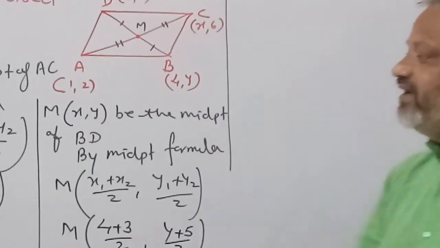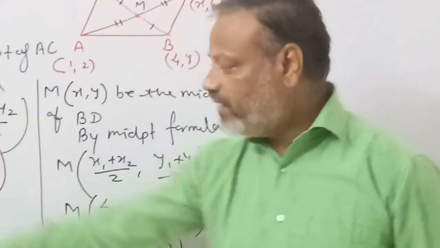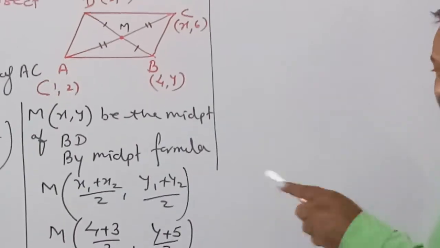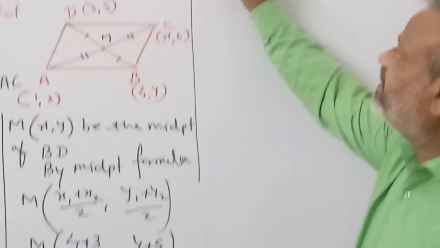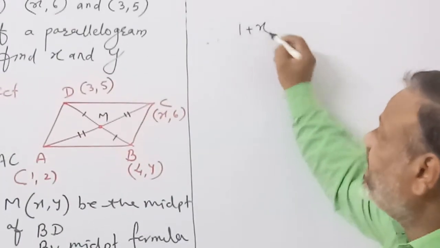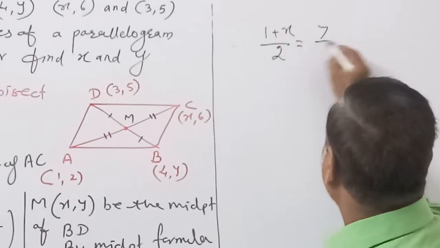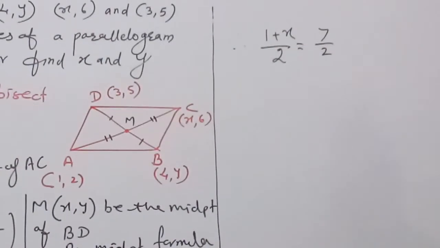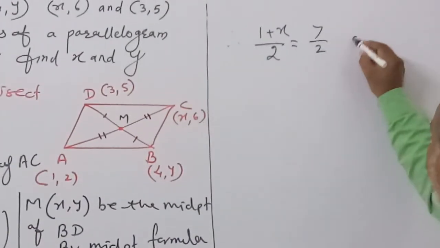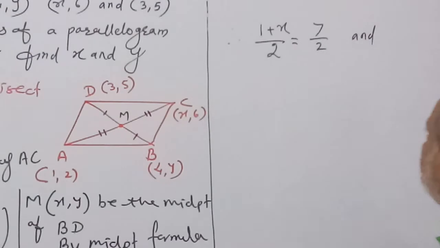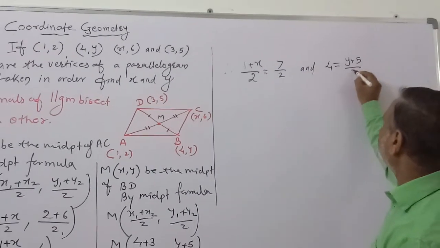So therefore we equalize the coordinates of M. This is a point of M and this is also a point of M, so we can write (1 plus x) upon 2 is equal to 7 upon 2. The x coordinate of both will be the same, and we can write the y coordinate also: 4 is equal to (y plus 5) upon 2.